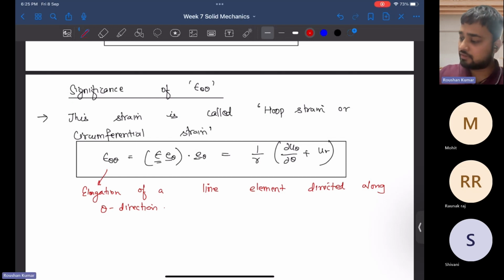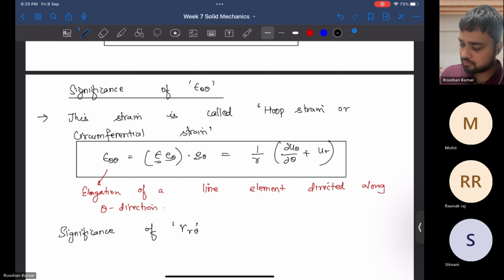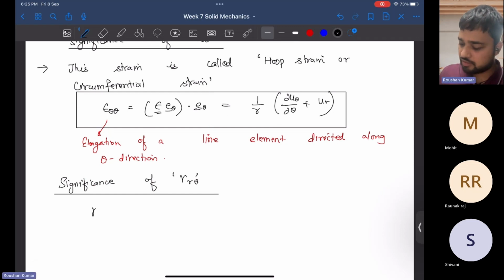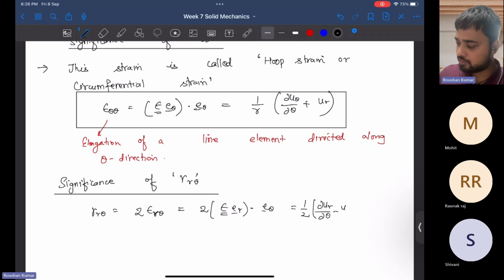The next strain mentioned here is the shear strain, that is gamma r theta. It is given by gamma r theta, which is nothing but 2 times epsilon r theta, that is 2 times epsilon er dot e theta, which is equal to half of del ur over del theta minus u theta plus del u theta over del r.